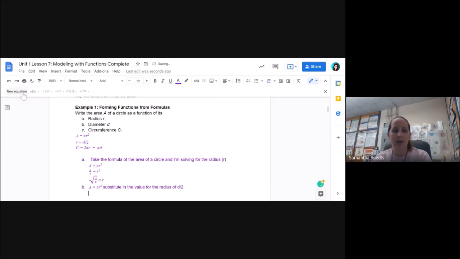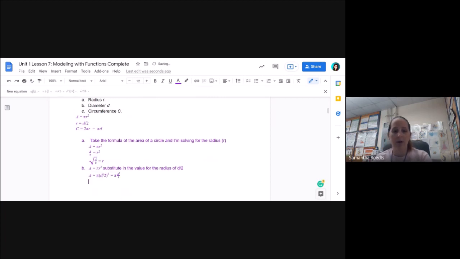Okay, so that gives us A equals pi times d divided by 2, squared, which equals pi times d squared over 2 squared, and 2 squared is 4.